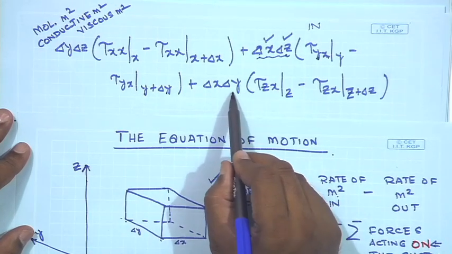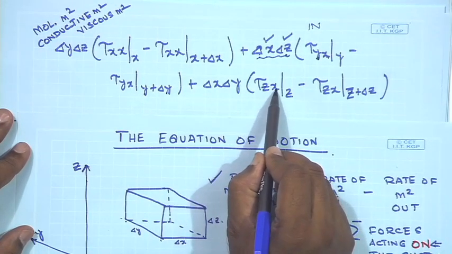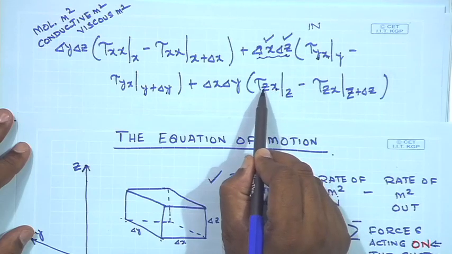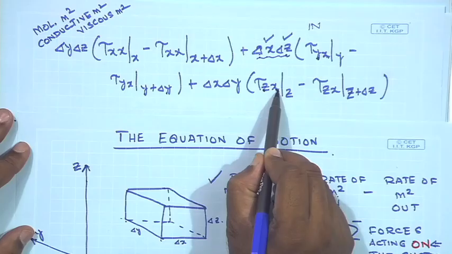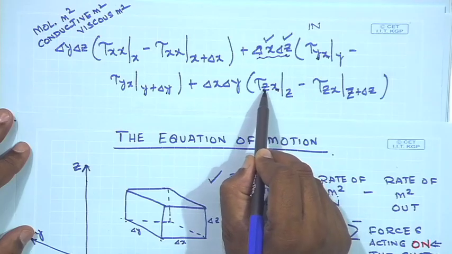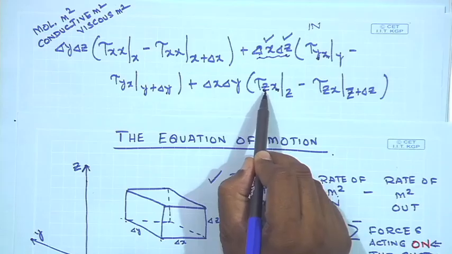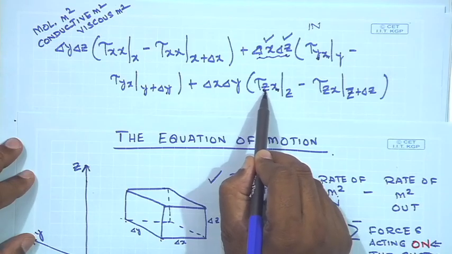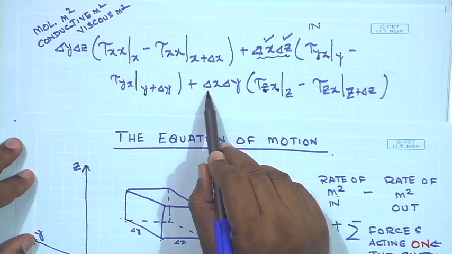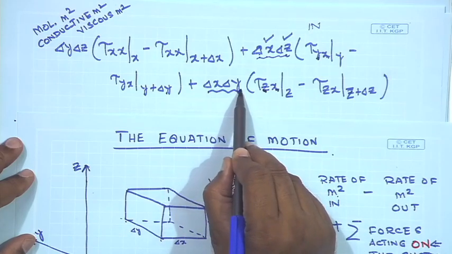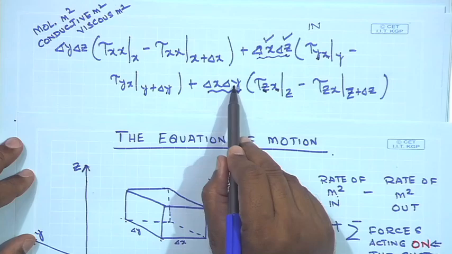Let us try to again work out this x component of momentum getting transported in the z direction. If the x component of momentum gets transported in the z direction, in order to obtain the total amount of viscous momentum coming in through the z phase, I must multiply this tau zx with the area of the z phase, which is del x del y.